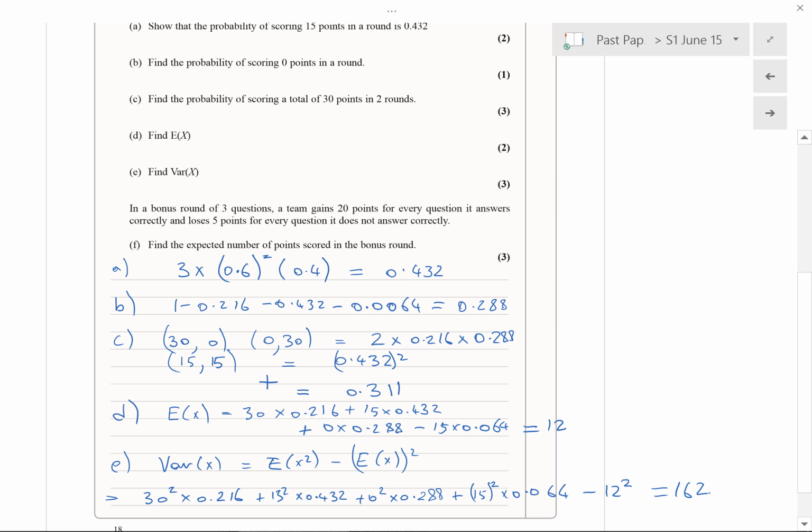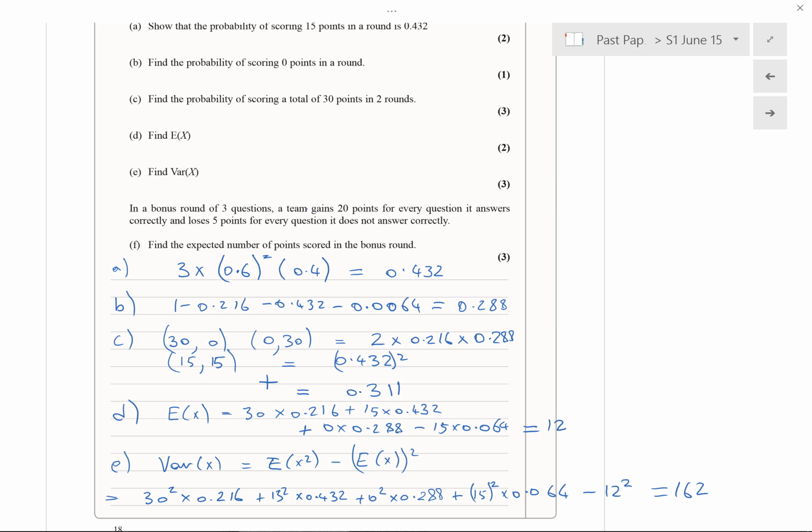Okay, and then we're nearly there. We've got one final bit. It says, in a bonus round of 3 questions, a team gains 20 points for every question it answers correctly and loses 5 points for every question it does not answer correctly. Find the expected number of points scored in the bonus round.